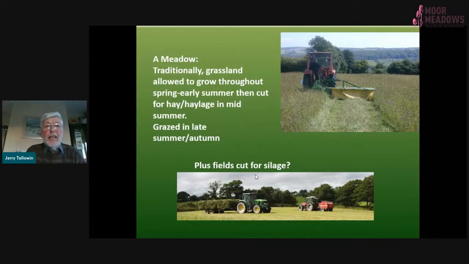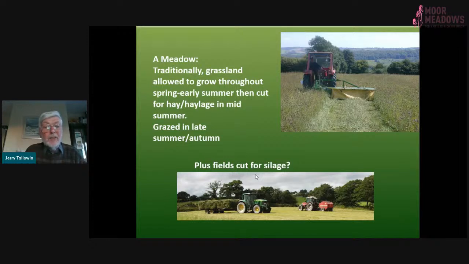I put in the word haylage there, which some people may not be familiar with. Haylage is actually a much moister form of conserved grass. So to put you into the picture of the differences between hay, haylage, and what is widely used now, which is silage. Hay should have a moisture content when it's baled of no more than 15%.